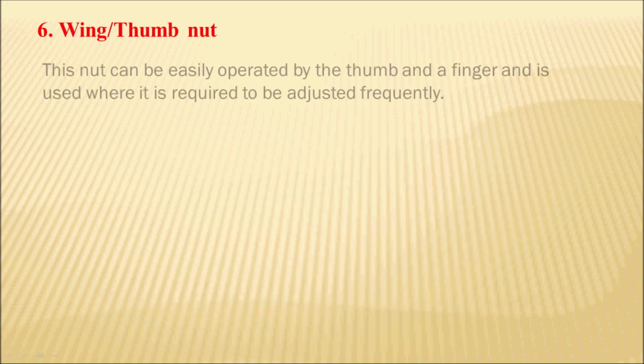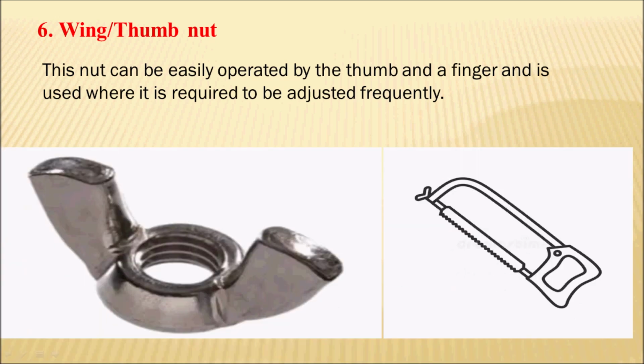Next is the wing or thumb nut. Why is it called a thumb nut? Because this nut can be easily operated by thumb. By simply using the thumb, or a finger, we can operate this wing nut, and it is used where it is required to be adjusted frequently.